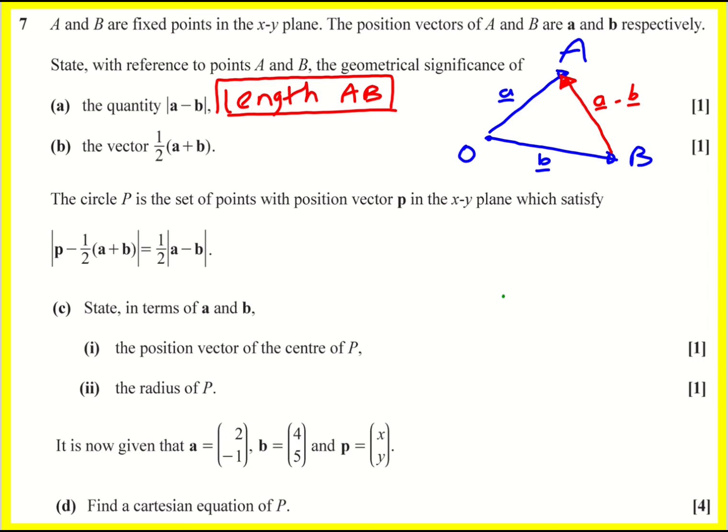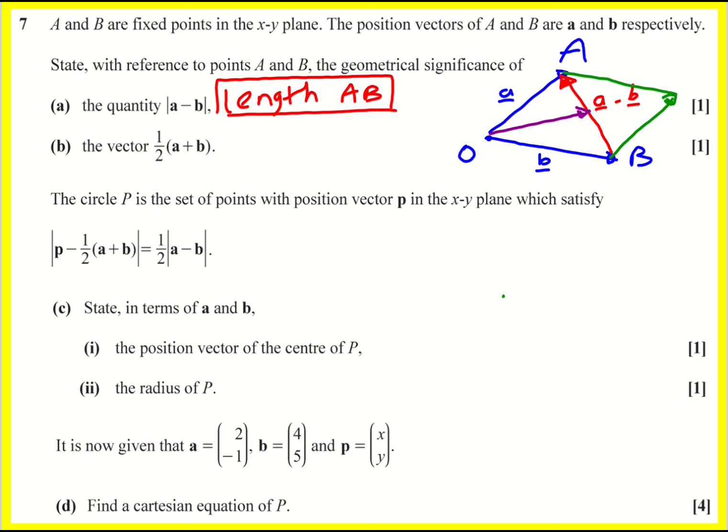If I want to add the two of them together, then I would create this little parallelogram. And if you ignored the half, you would go all the way to here. But if we have it, we're going to get to the middle of the parallelogram, essentially.